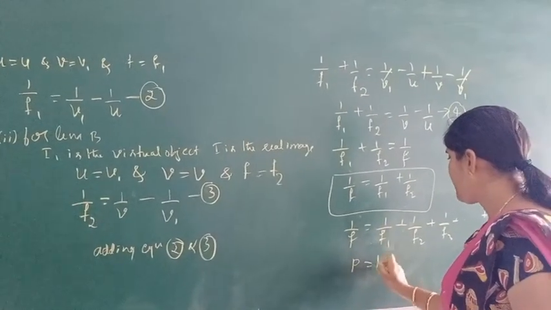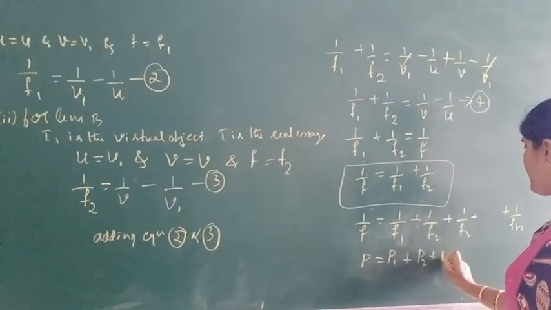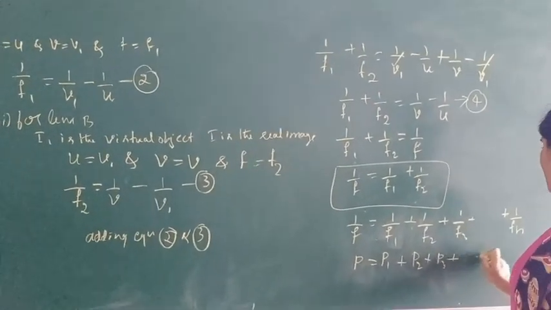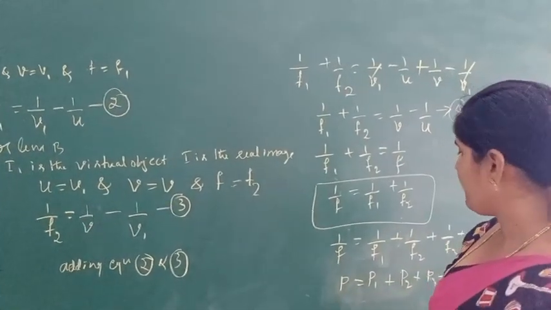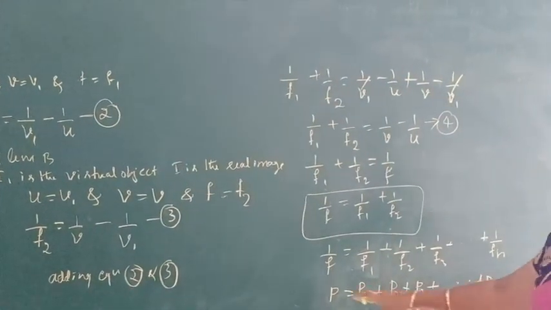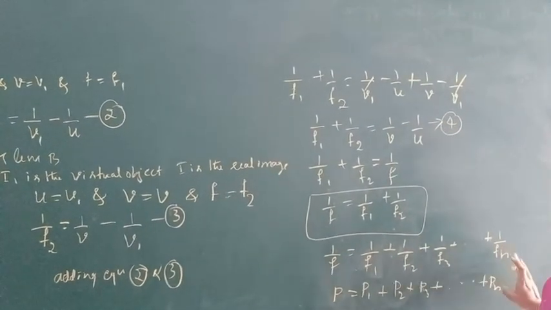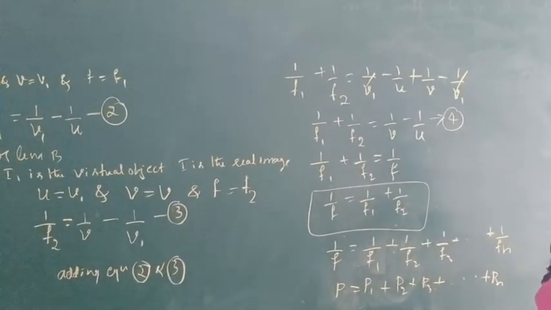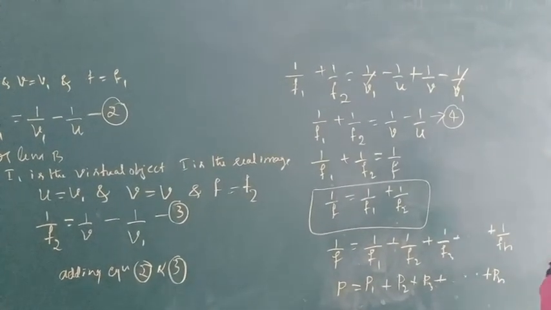So 1 by F1 can be written as P1, 1 by F2 as P2, 1 by F3 as P3, up to Pn. The equivalent power of the lens is the sum of the powers of individual lenses which are in contact. That is P is equal to P1 plus P2 plus P3 etc. up to Pn.